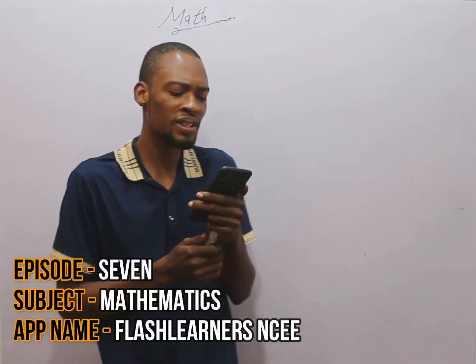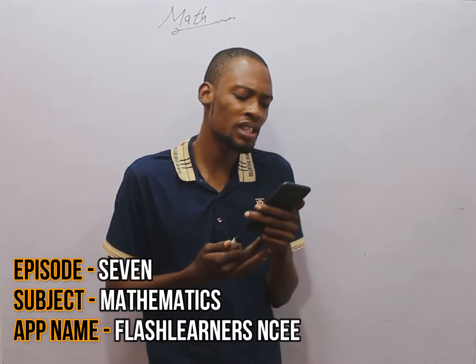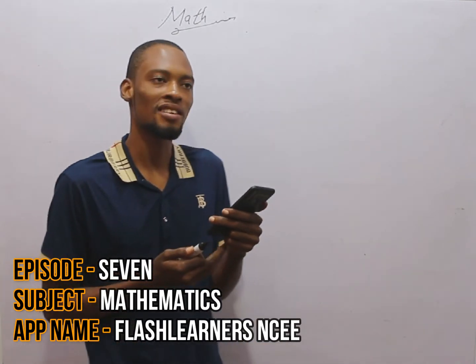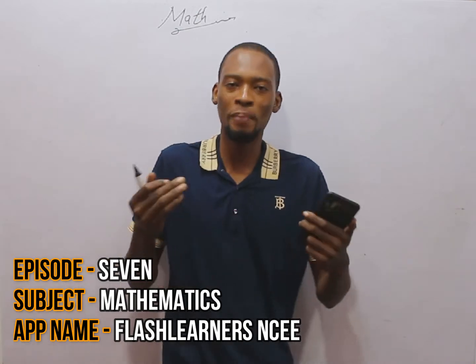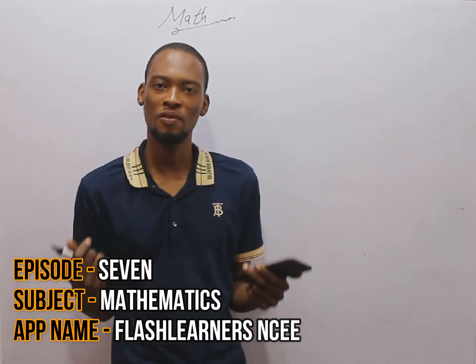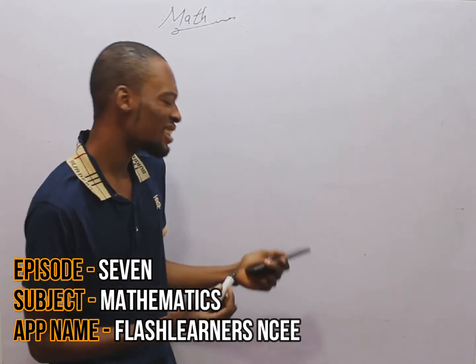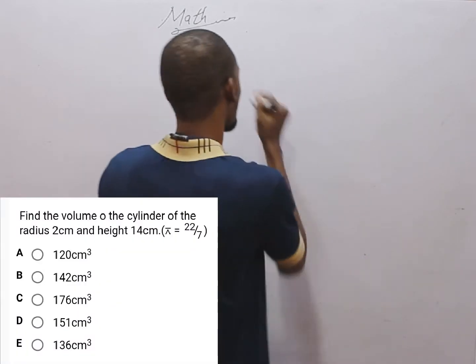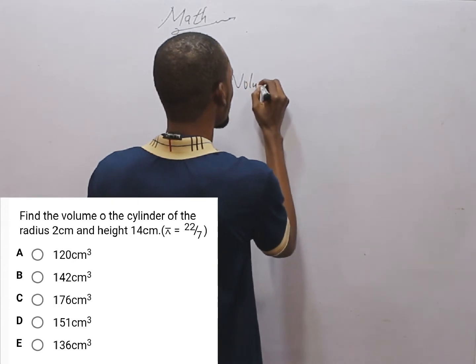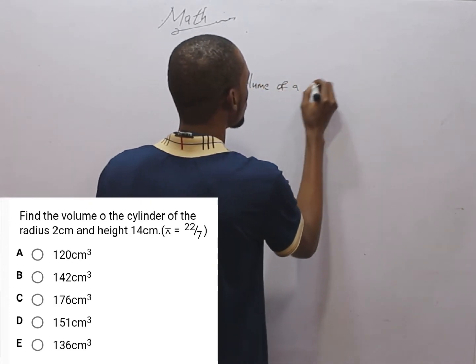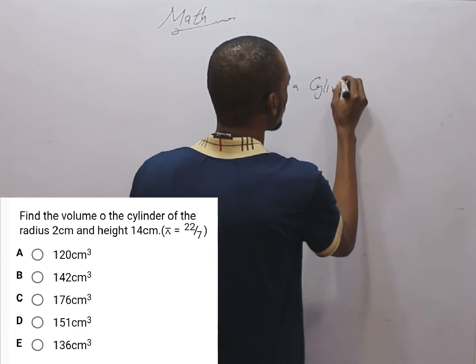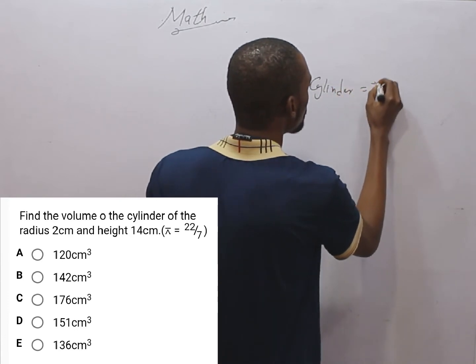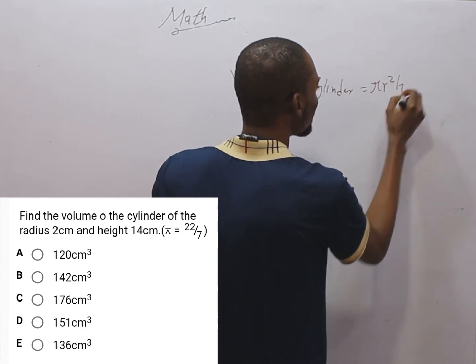Find the volume of the cylinder of radius 2 cm and height 14 cm. Take pi to be 22/7. What you need here is simply the formula for calculating the volume of a cylinder. Volume of a cylinder equals pi r square h.